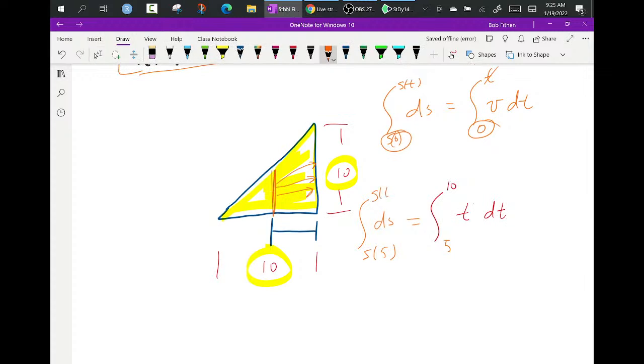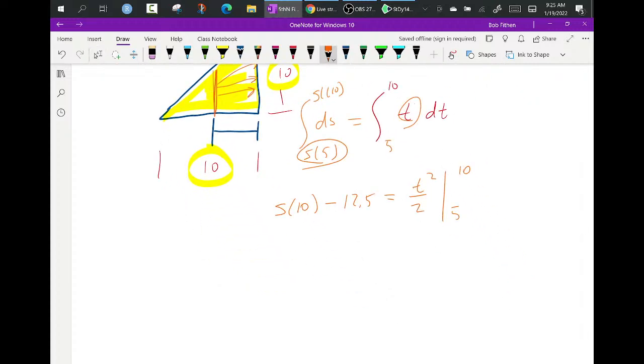And this will be s at 10. Okay, I already know that that's 12.5. So let's take a look at this. So s at 10 minus 12.5 is equal to, take the integral, oops, I didn't put down the integral, t squared over 2, evaluated from 5 to 10.